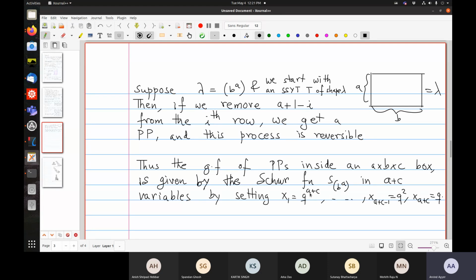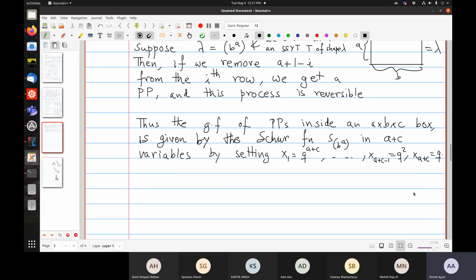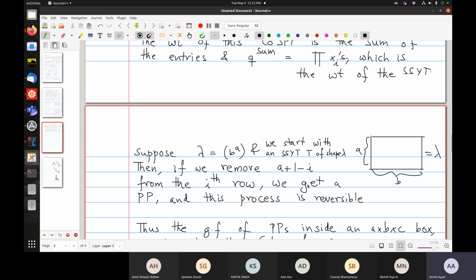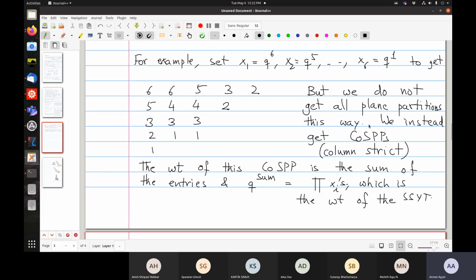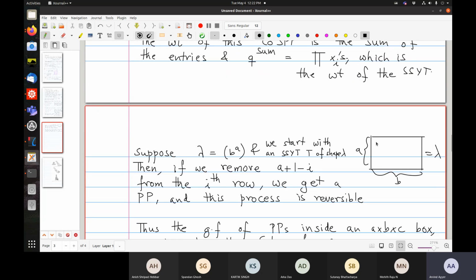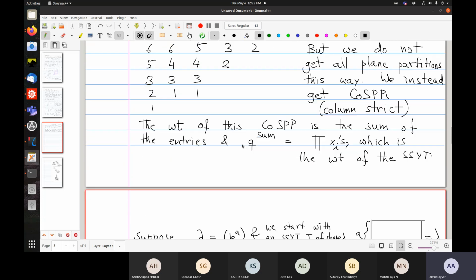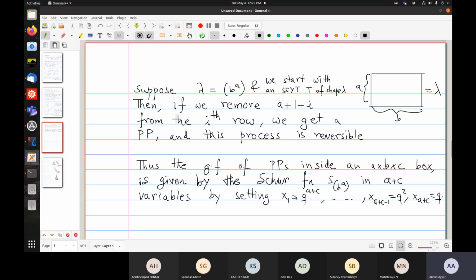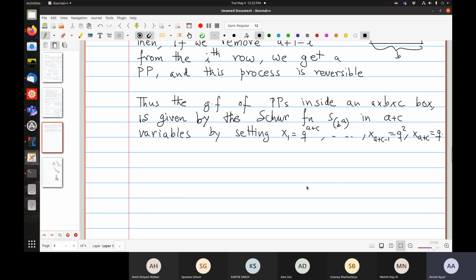The reason for doing that is that we will subtract, so this will give you column strict plane partitions inside an A by B by C box with height A plus C. I mean, let me re-say that. This will give you the generating function of column strict plane partitions inside an A by B by A plus C box.